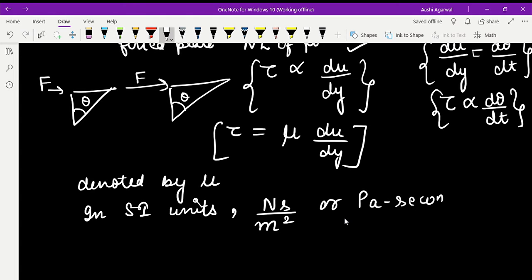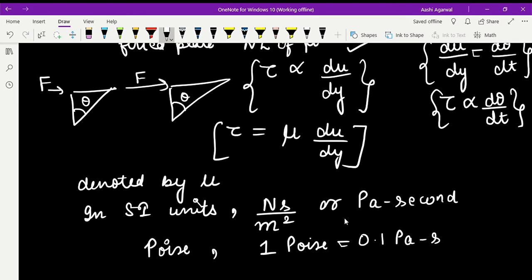There is one more unit in the CGS system, called poise. Here you note that one poise is equal to 0.1 Pascal second. Now quickly we'll move to the numericals based on this.